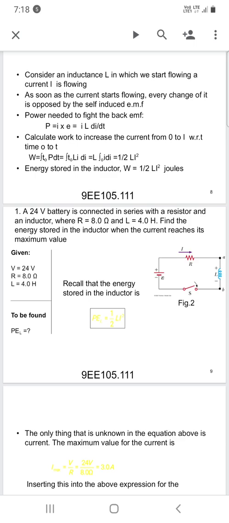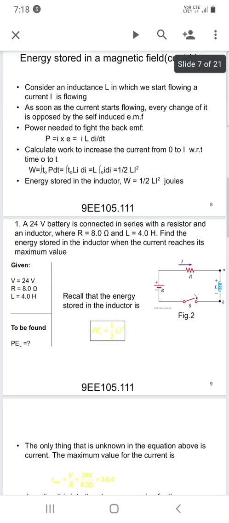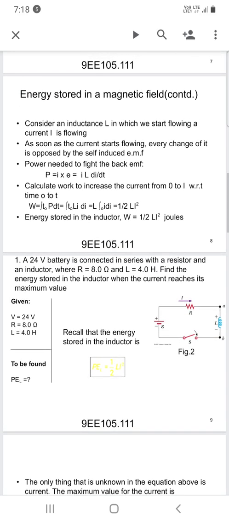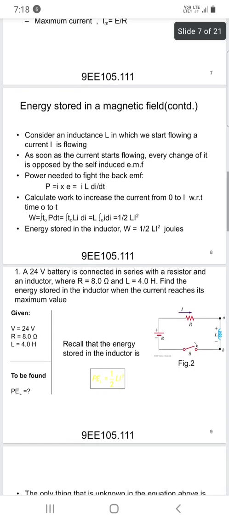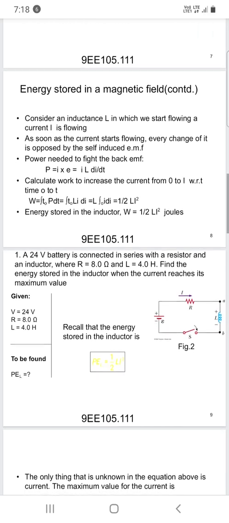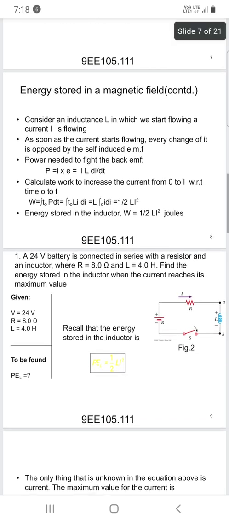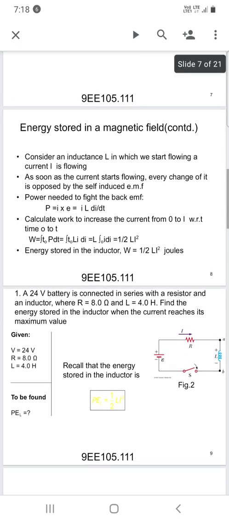As soon as the current starts flowing, every change of it is opposed by the self-induced EMF. Then power is needed to fight the back EMF.